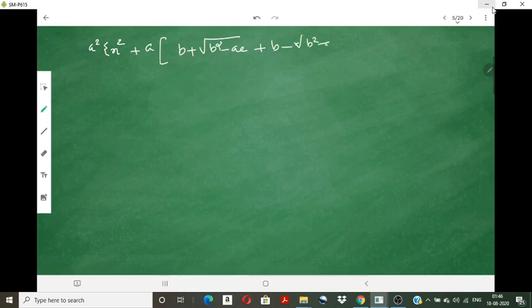We write a square theta x square plus a into, in brackets, instead of 2b we can write b plus root of b square minus ac plus b minus root of b square minus ac, times theta x theta y, plus ac, which we can write as b square minus ac into theta y square, is equal to 0.